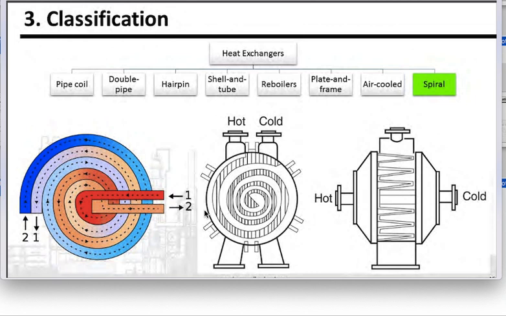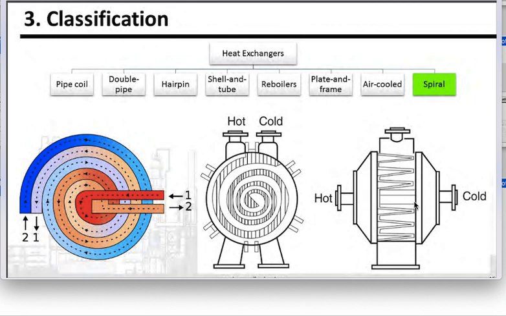Finally, when to choose this type of heat exchanger: when you survey your liquid and find a lot of dirt, when you handle slurry, or very high pressure, more than 40 bars, it's recommended also.